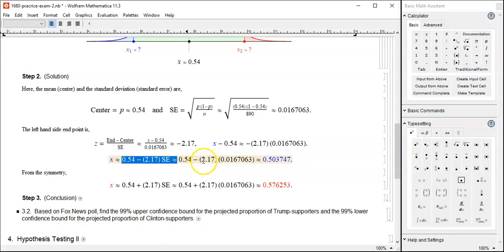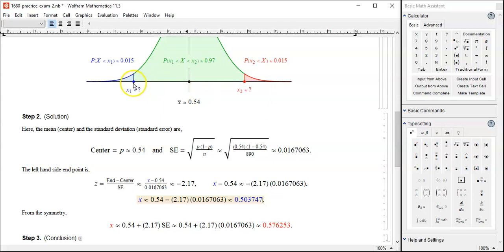And then 2.17, I don't need this part. 0.54 minus 2.17 times standard error. Just calculate this number. You're going to get 0.503 something, about 50.37%, or 0.5037. That's going to go over here.